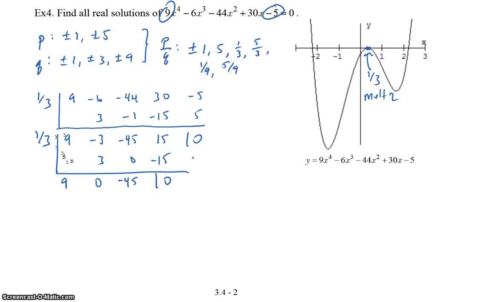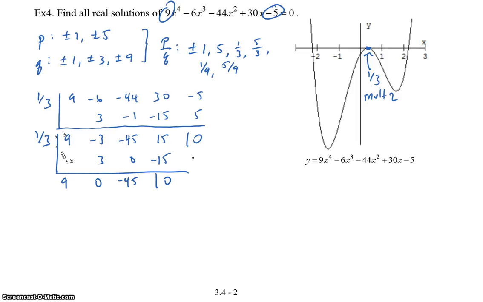So the graph was indicating that 1/3 could be used twice as a 0, based on the fact that the graph touched but didn't cross the x-axis at that point. So you can take advantage of little things like that sometimes to help you break down the polynomial, get lesser degree factors, and then find the remaining solutions or zeros of the polynomial.